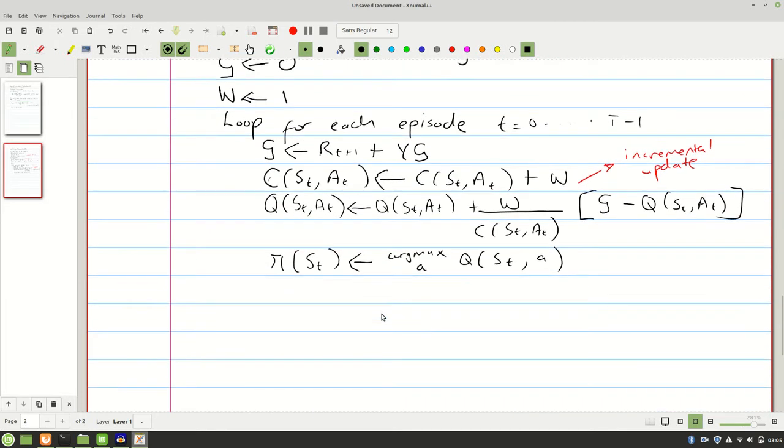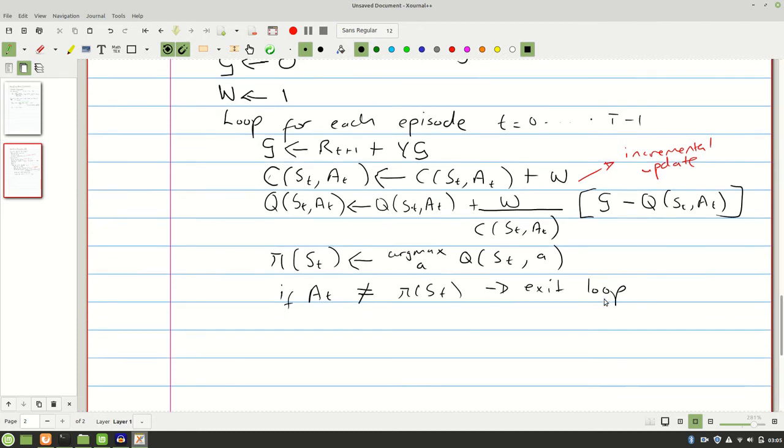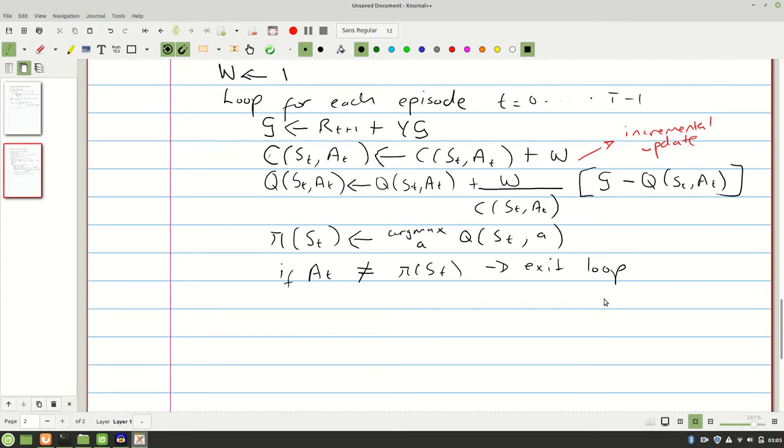So that's what pi of ST is here. So here's the condition. If AT, our current action, is not equal to pi of ST, then you need to exit this loop. And why is that? Why do we need to exit if they're different?